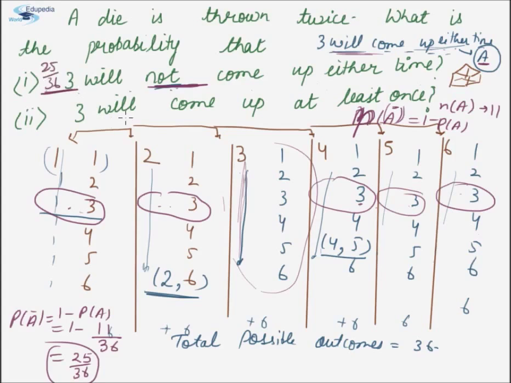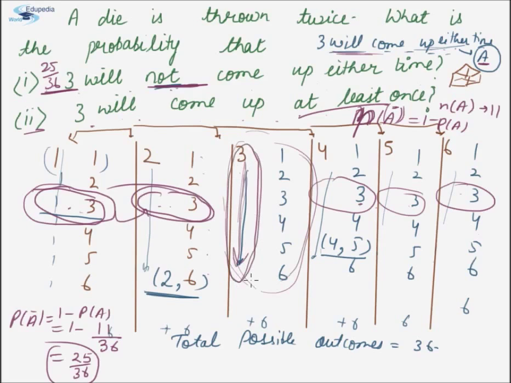Whereas in the second case, we are asked to find the probability that 3 will come up at least once. So in this case 3 is coming at least once, here also 3 is coming at least once, and in the other case 3 is not coming at least once. In this column, in all the cases 3 is coming at least once at the first position. So all these 6 cases, this case also where 3 is coming at least once, and in this column no other case is having 3 at least once.